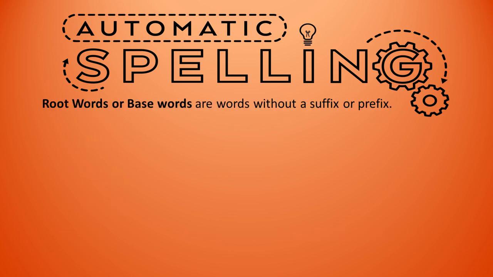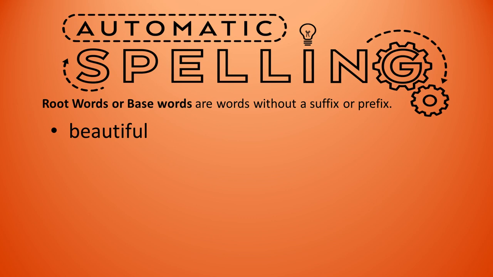Okay, root words or base words, they mean the same thing. Root words or base words are words without a suffix or prefix. So what we're going to do today is we're going to take some words that have a suffix. A suffix is an ending, a prefix comes before the root word. Okay, so here we have beautiful. We've been spelling that for a long time.